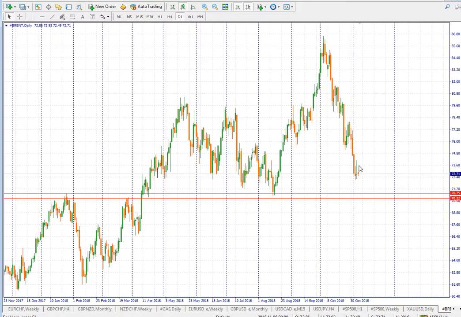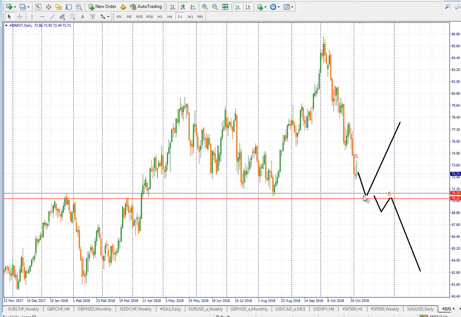Now, based on the previous day's pin bar, this pin bar here, we expect a scenario like this: the price should come down, then proceed upward from that point. Or the price may break below, then we wait for price to come back to the same place, then we sell it downwards. So these are the two scenarios we expect on this.